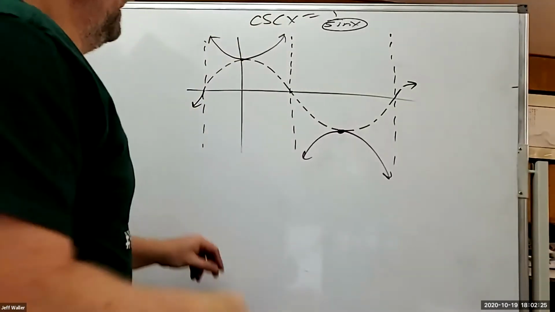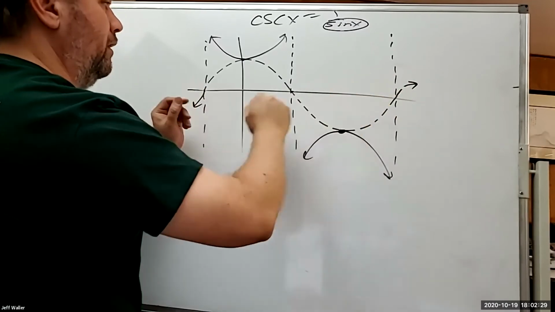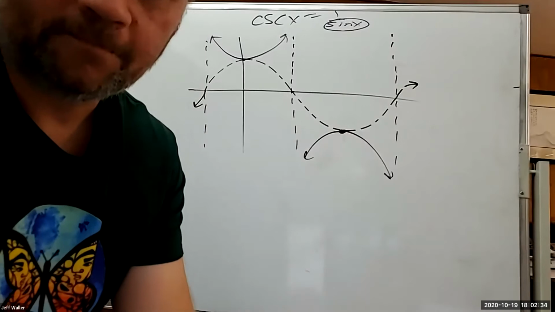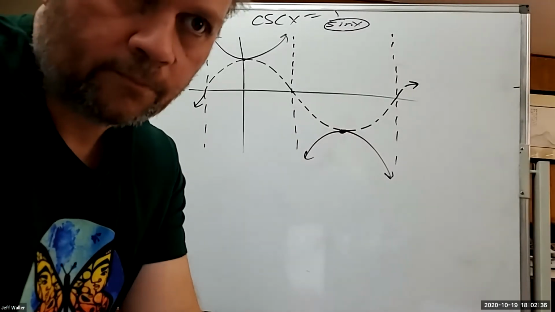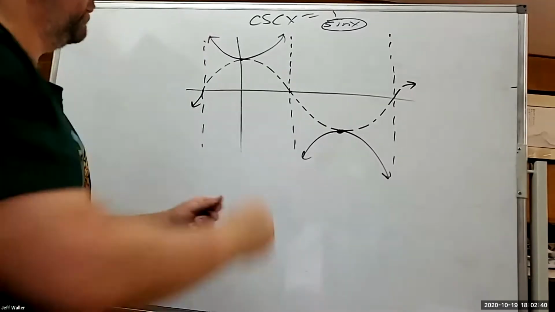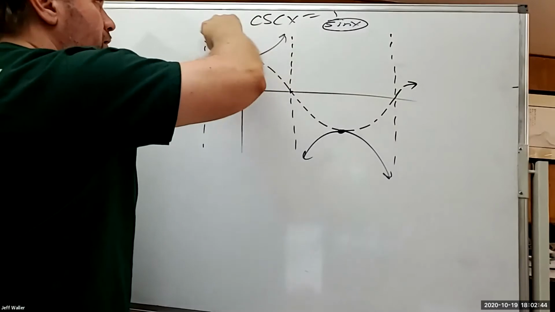What's interesting then, tell me how many humps are there for a cycle of a sine? Is that a weird question? There's 2. Is everybody cool? There's 1, 2 humps. So how many humps will there be for cosecant? 1, 2.